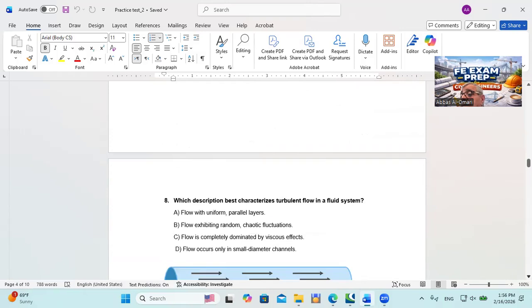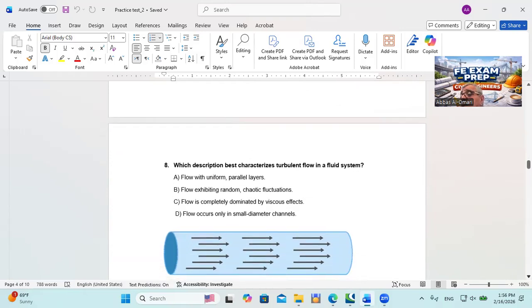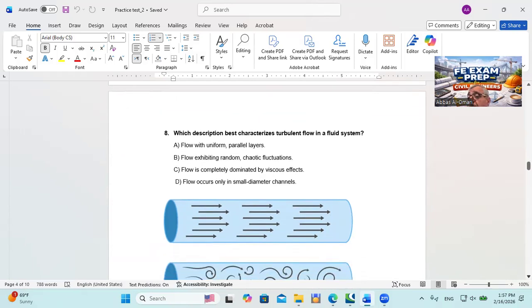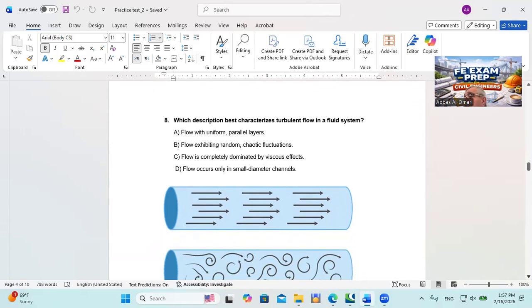The next question: which description best characterizes turbulent flow in a fluid system? In pipe flow, we know that the flow can be either laminar or turbulent. Laminar flow is characterized by very well organized flow, and the water flows in layers with no mixing between the layers, as we see in the first pipe.